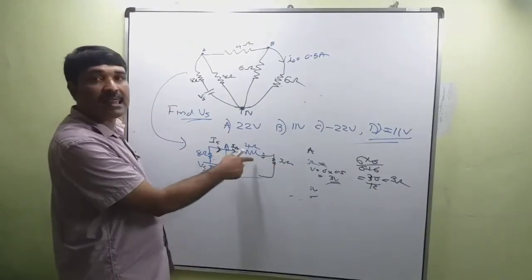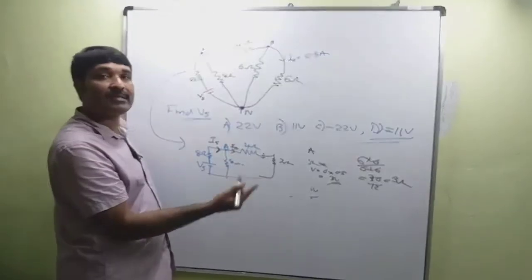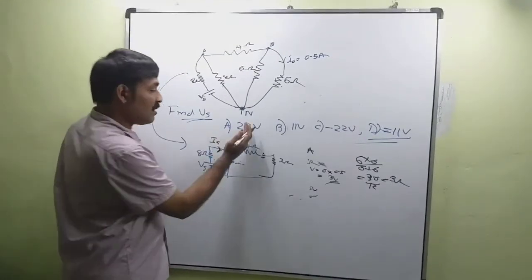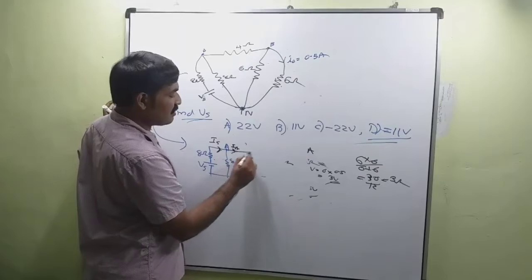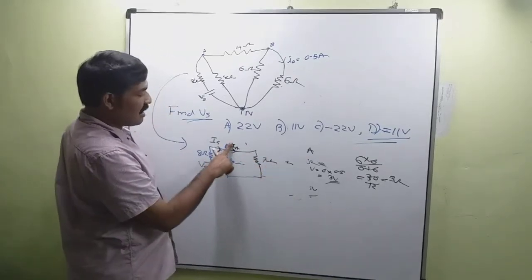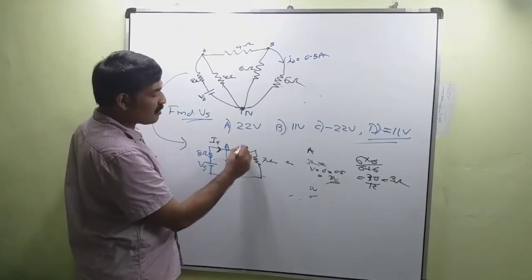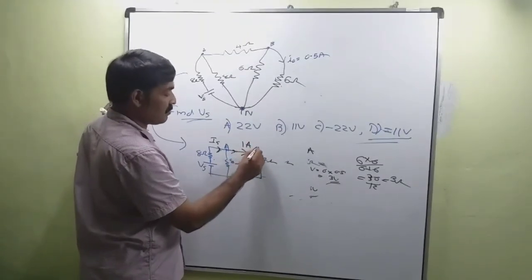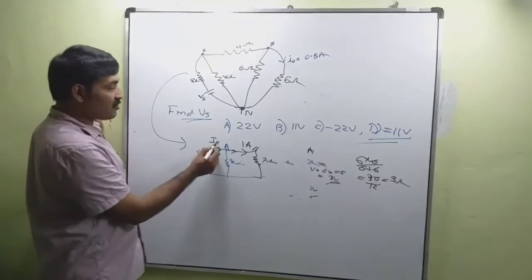Now this 4 and 3 are in series. So the equivalent resistance is 4 + 3, that is equal to 7. So we have a 7 ohm resistance. And the current through the 7 ohm resistance is 1 ampere. And this is our source current.